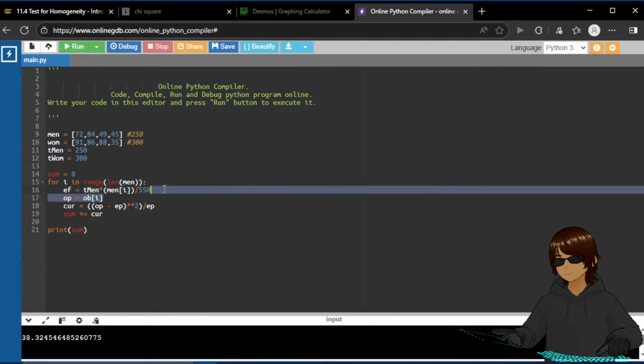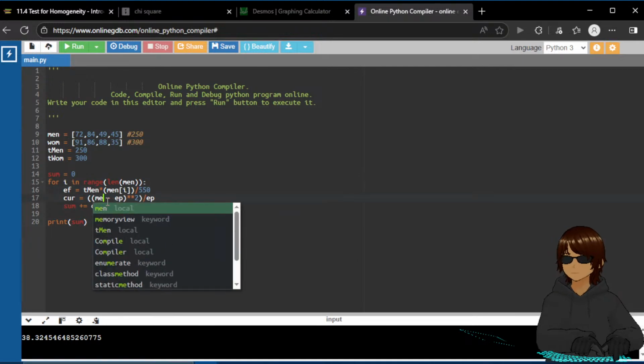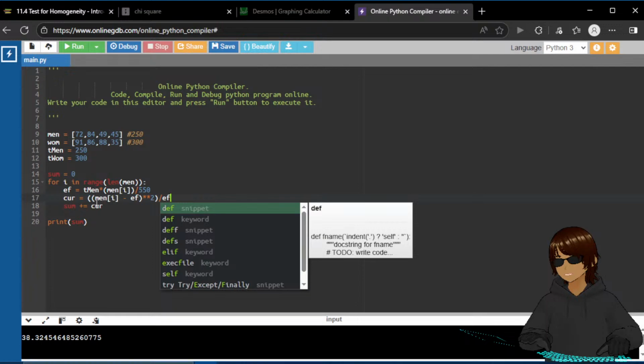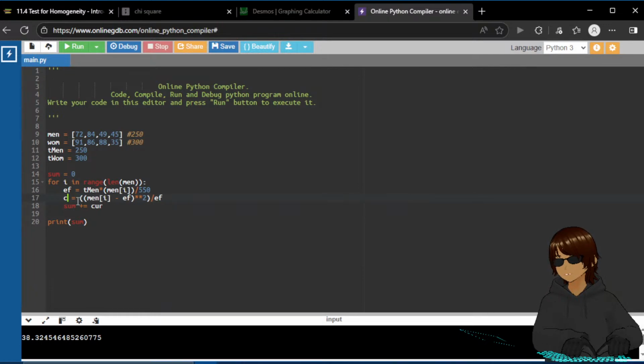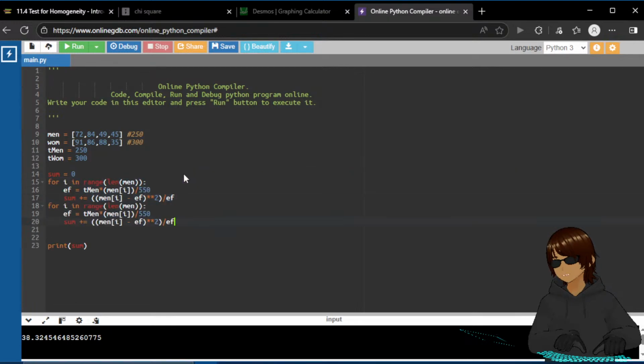And then the observed frequency minus the expected, divided by the expected, sum. Right? This makes sense, right? And then again for the women.